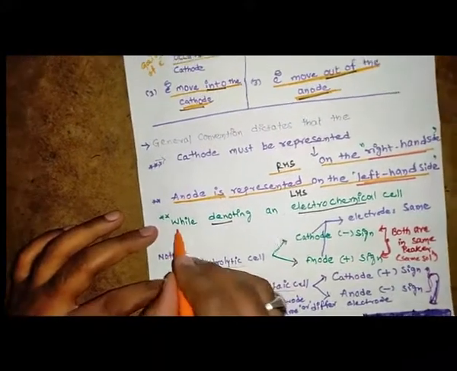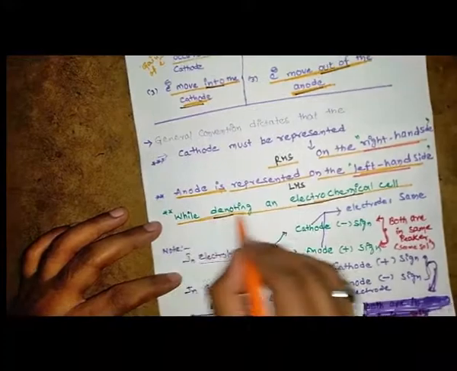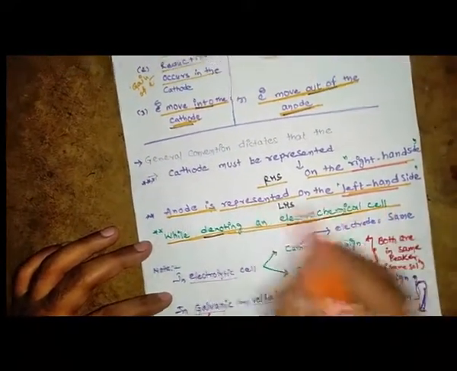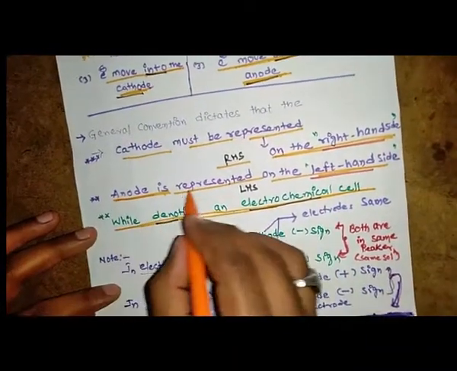While denoting an electrochemical cell, cathode is represented on the right and anode on the left.